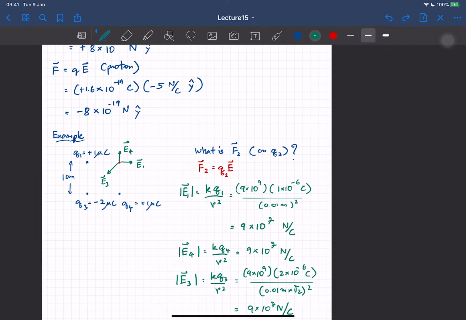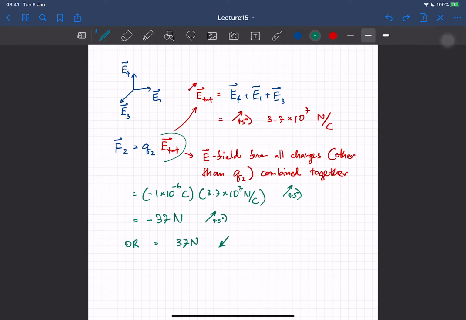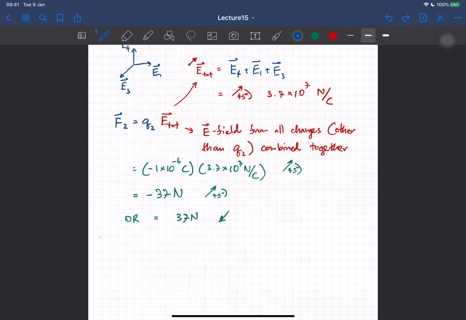But in this case, we have the electric field at the location of Q2. So if you change Q2, that's not going to modify the value of the electric field here, which is the same. We already did that, right? So you can answer that question really easily. If now Q2 is 10 microcoulomb, what is F2?